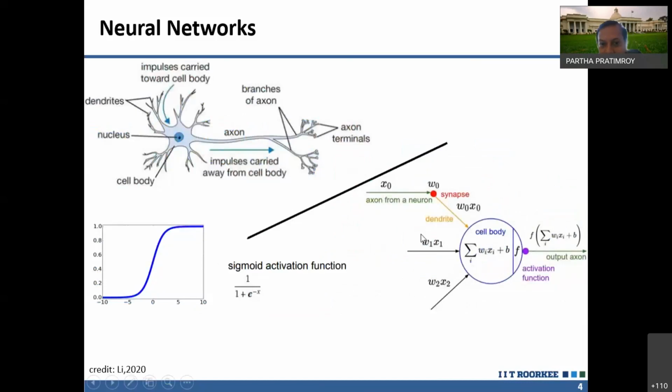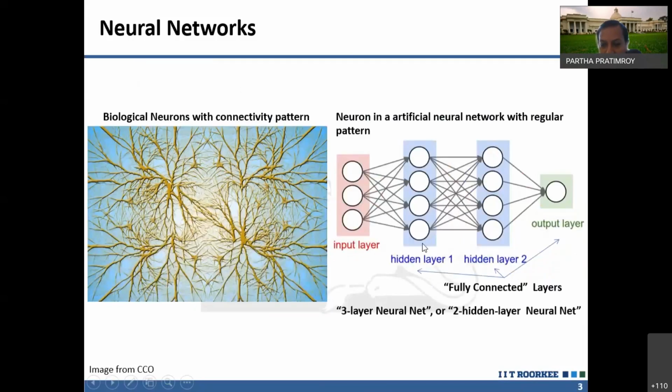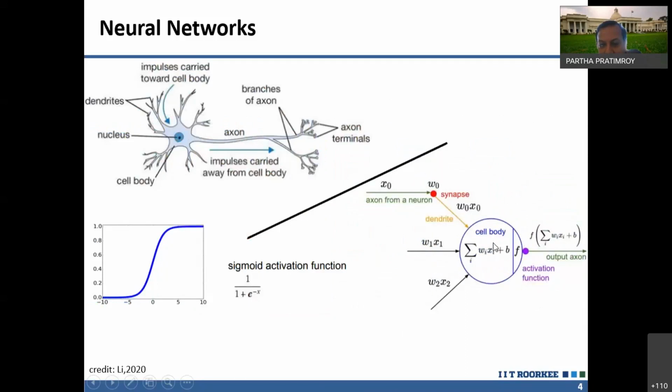Now, going into more detail of each neuron of this neural network, what is this neuron actually doing? Like a biological neuron, you have dendrites and axons. Dendrites take information from the other neurons to the center cell body, where the information is processed, and then propagated to other neurons through the axons.